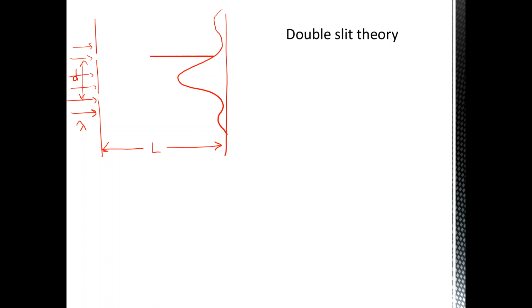You have a really bright spot in the middle, then two dark spots, then it gets bright again. So this is going to look like three bands. There are more, I just decided not to draw them. So there are three bands that I can see on this side of my screen.